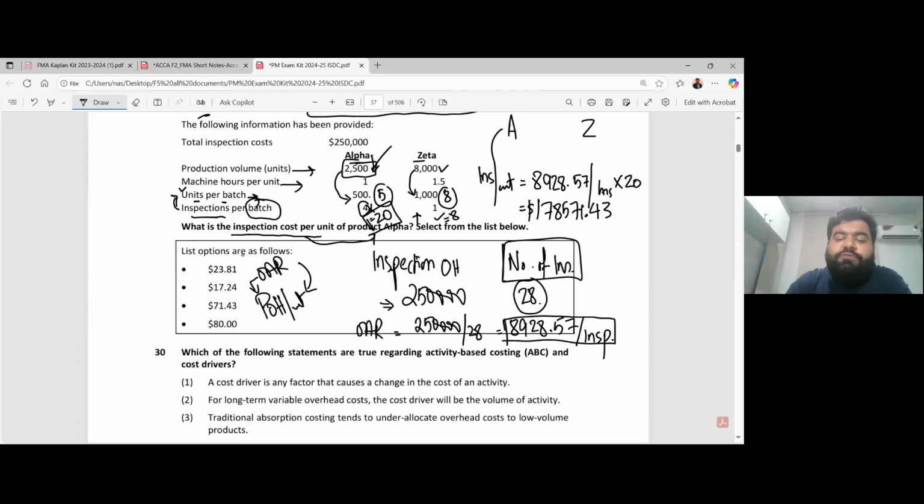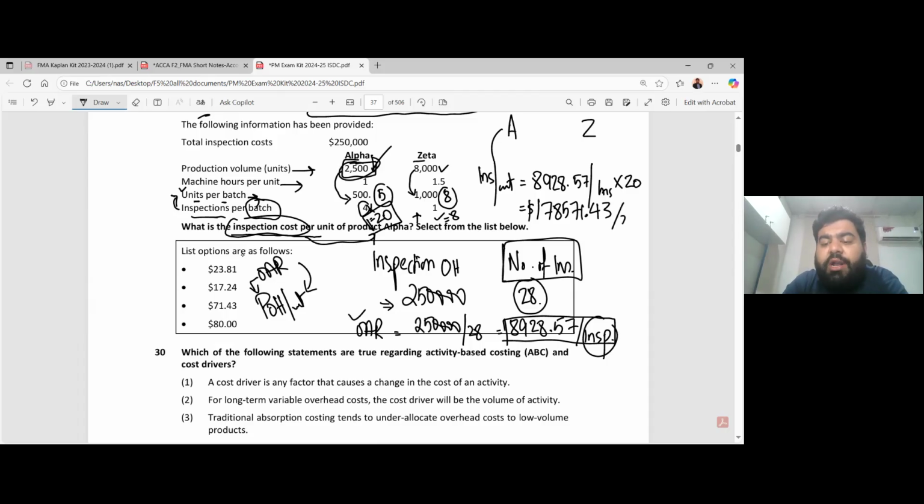This is the total overhead absorbed by alpha with respect to inspection cost. First we calculated the OAR, 8928 per inspection, multiplied by the number of inspections of alpha, to get the total absorbed cost for alpha. Now 178,571.43 is the total overhead, and what he is asking is the inspection cost per unit, not total. So how many units for alpha are there? 2500.